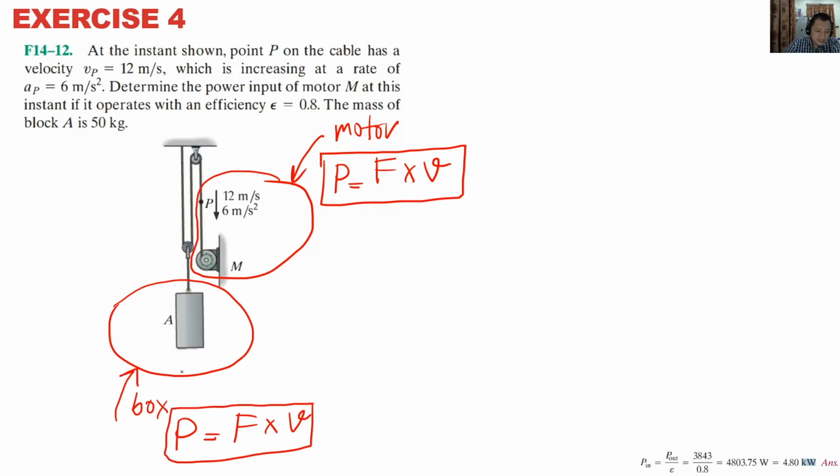In both cases, they are the same. They will work the same. But currently, all our info is at the motor. So if you have all your info at the motor, solve at the motor. Okay.